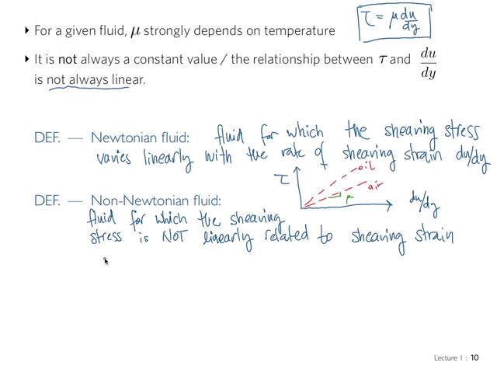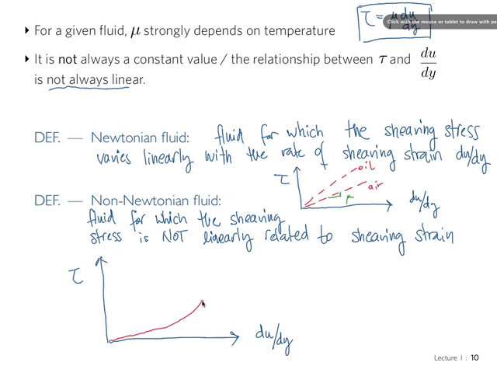So if we were to draw in that case a plot again of stress as a function of strain, we might see some different things. We could see perhaps a line that indicates an increasing slope like this. And the increasing slope means that, well, basically the slope is increasing, so the viscosity is increasing, right?